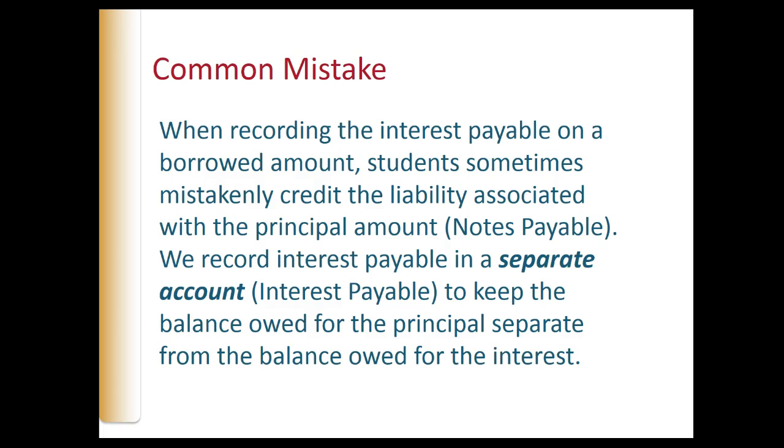We record interest payable as a separate account to keep the balance owed for the principal payment of the note separate from the amount owed for the interest. So usually with loans, there will be a portion for the balance of the loan and the amount of interest that we owe on the note.